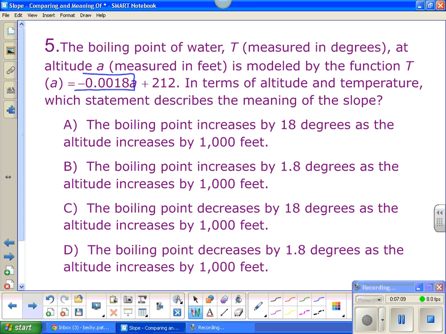Well, this is my slope. First of all, let's notice that it's negative. So we should say something about decreasing or going down. This is the boiling point increases. Not true. The boiling point increases. Not true. The boiling point decreases. Boiling point decreases. I like both of those.